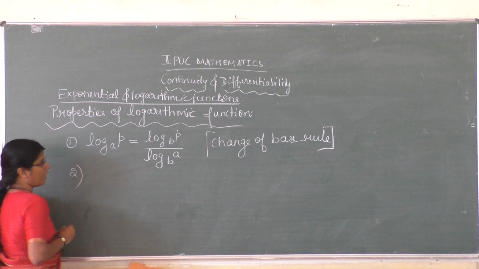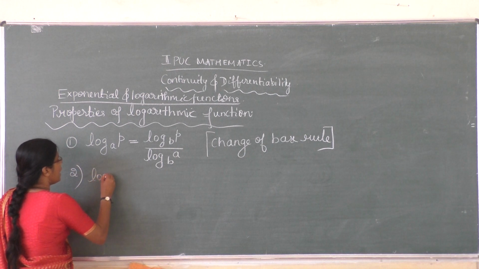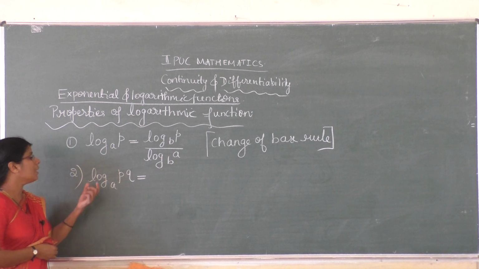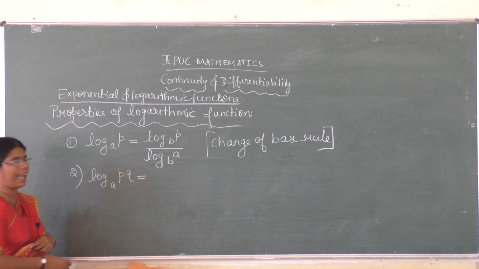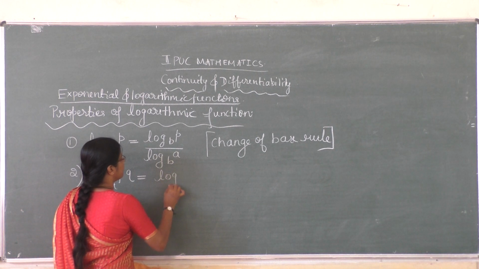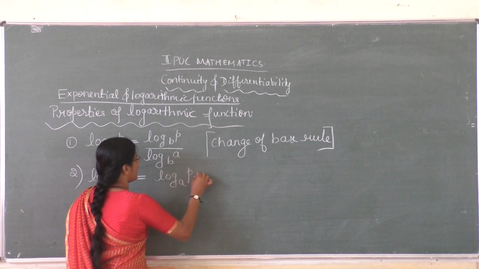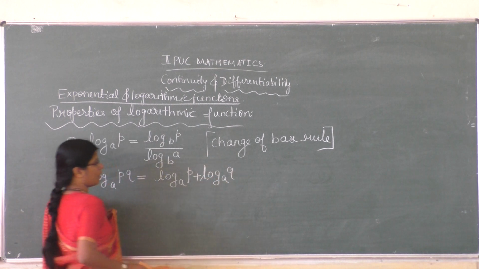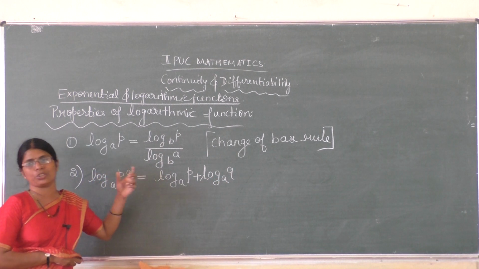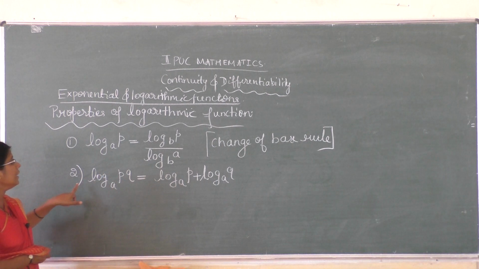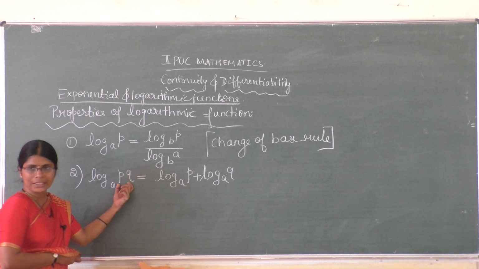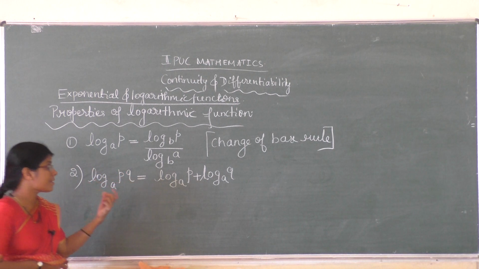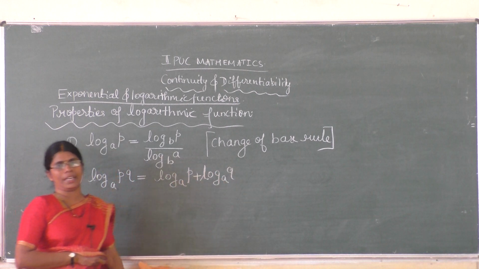Then suppose we have log of p into q to the base a. This is nothing but log p to the base a plus log q to the base a. Here we have a product. The logarithm of a product is taken as the sum of the logarithms.